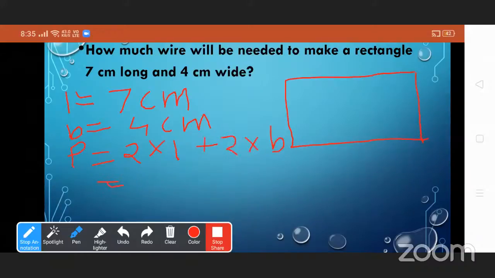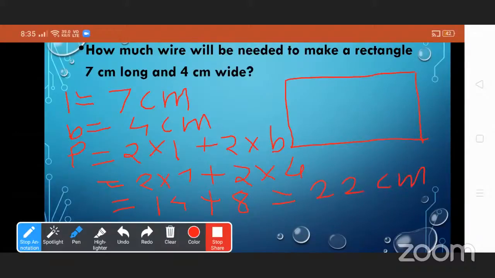Now see here, L is 7 centimeter. 2 into 7 plus 2 into breadth, which is 4 centimeter. 2 into 7 is 14, plus 8, the answer is 22 centimeter.